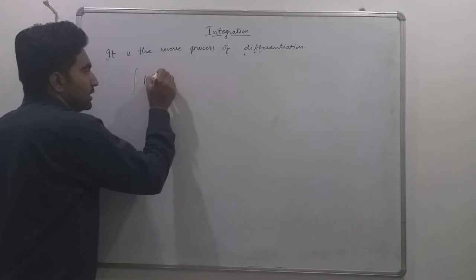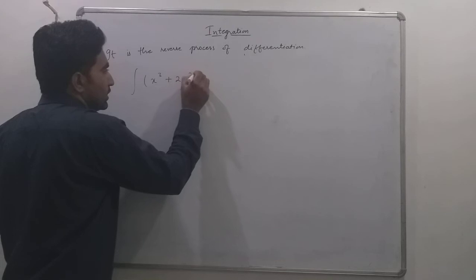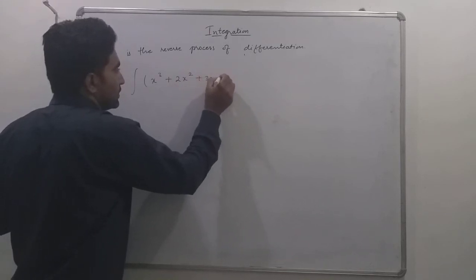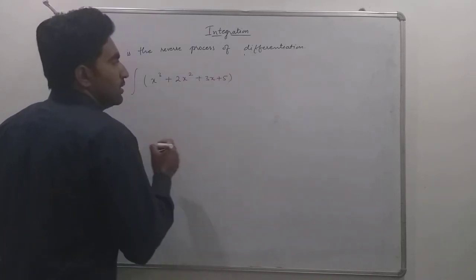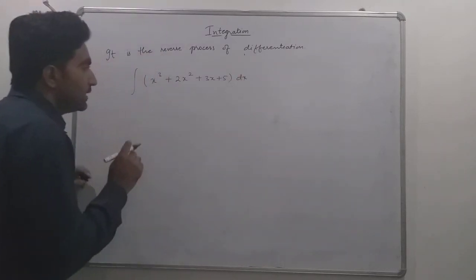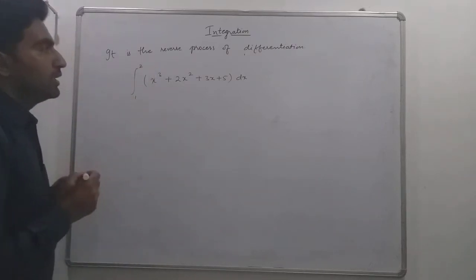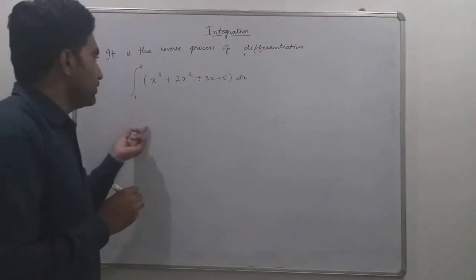Suppose it is given as x cube plus 2x square plus 3x plus 5. We have to integrate it with respect to x, and the limits of integration were given from 1 to 2.